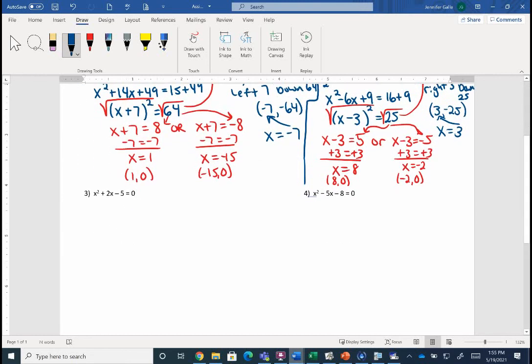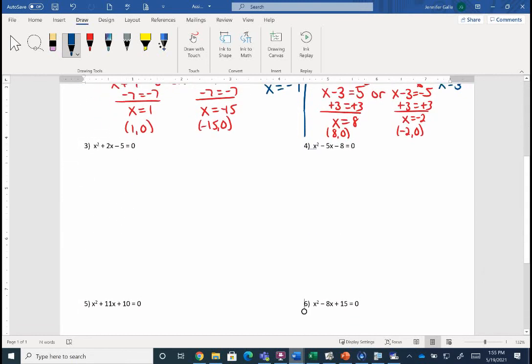Moving on to question 3, our process is not changing. It's going to be the same process for each question. Start by moving the c value to the other side, and this time it's negative 5. We're going to add 5 to both sides. So I have x squared plus 2x on the left equals 5 on the right.